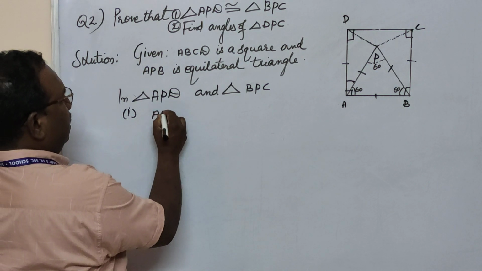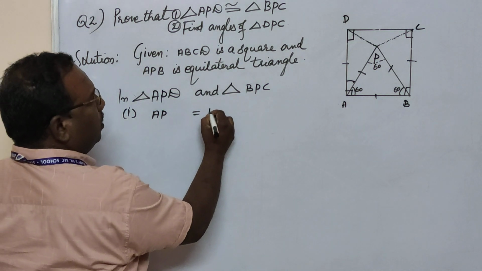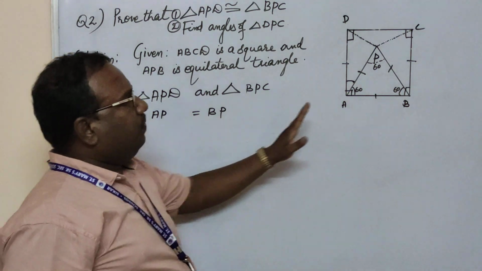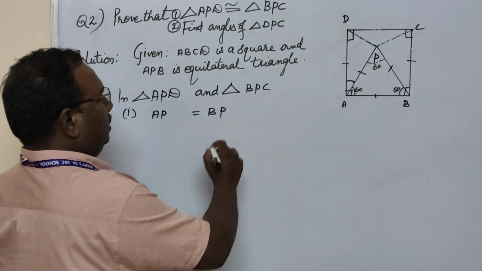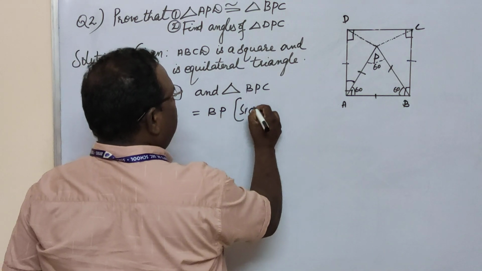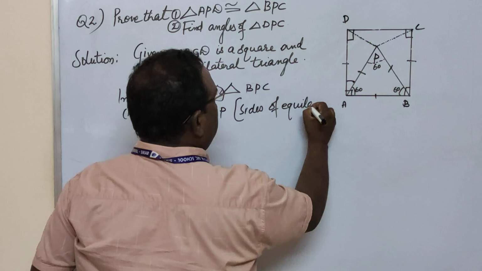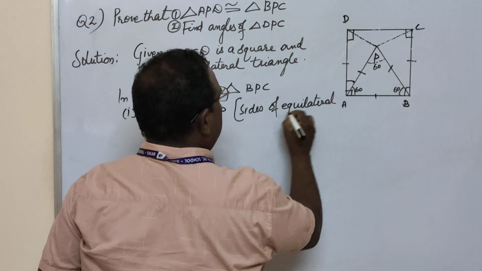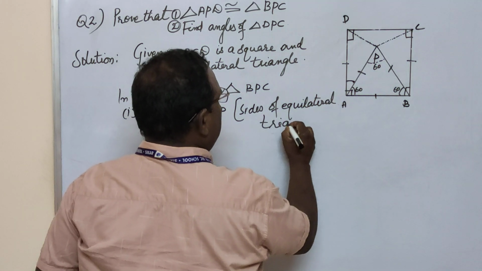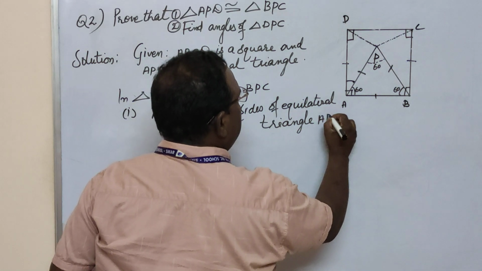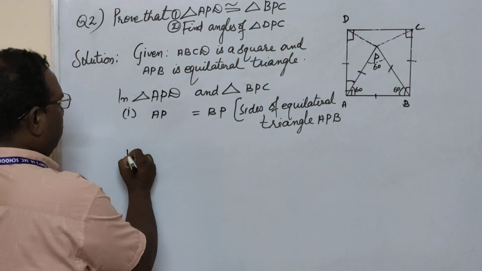Yes, AP is equal to BP. Sides of equilateral triangle APB.